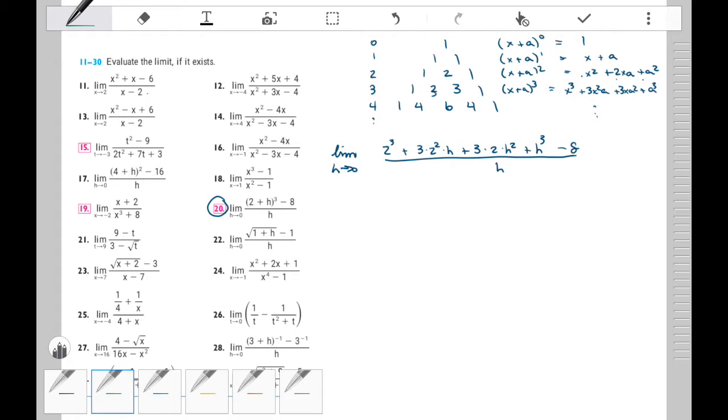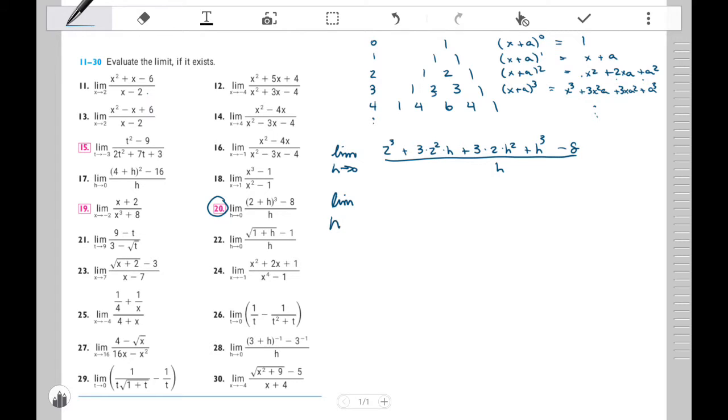So sort of a shortcut to expanding out that bracket. We can simplify some of these terms a bit. I'll keep using blue. We have the limit as h goes to 0 of 8 plus 12h plus 12h squared plus h cubed minus 8, all divided by h.